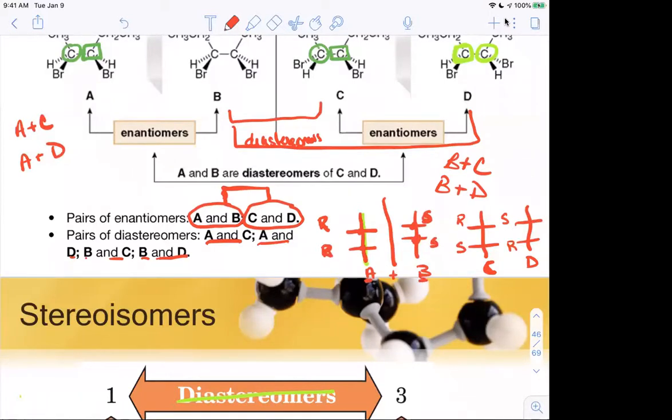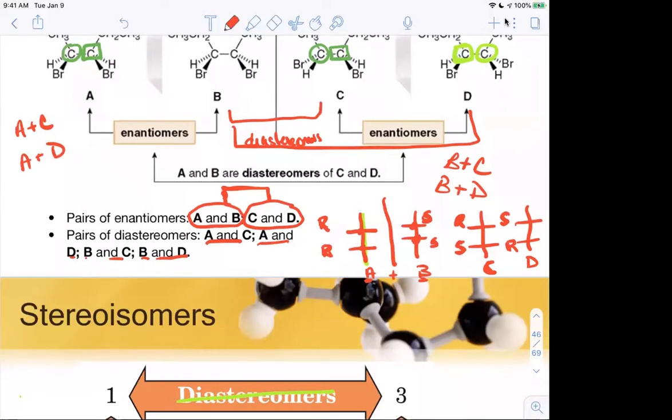I didn't actually assign the configurations to my actual molecule. In the other set of enantiomers, let's say I have R, the top one that stays the same, and now S is going to change. The enantiomer, the top one would be opposite, or S, and the bottom would be opposite, or R.